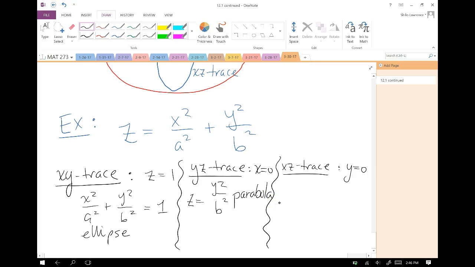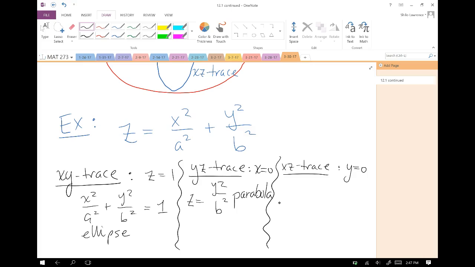We need to know what direction it opens in. So again, think back to algebra class. Y equals x squared opens in what direction? It opens in the positive y direction. So parabolas open in the direction of their linear variable.